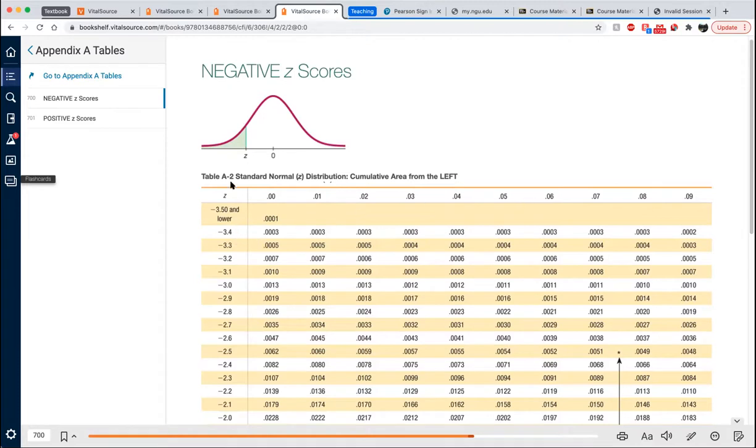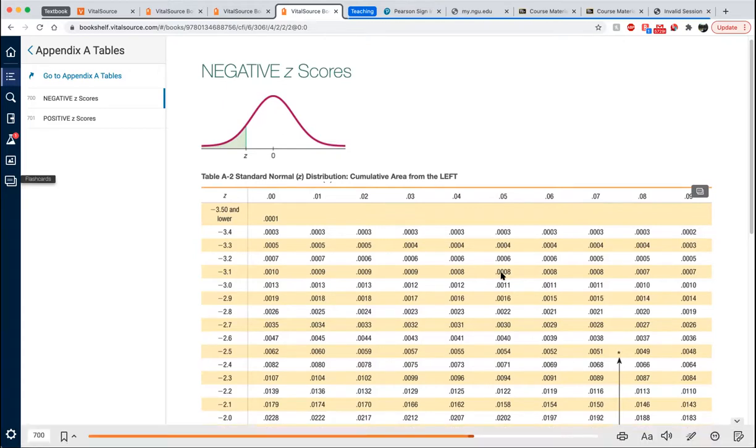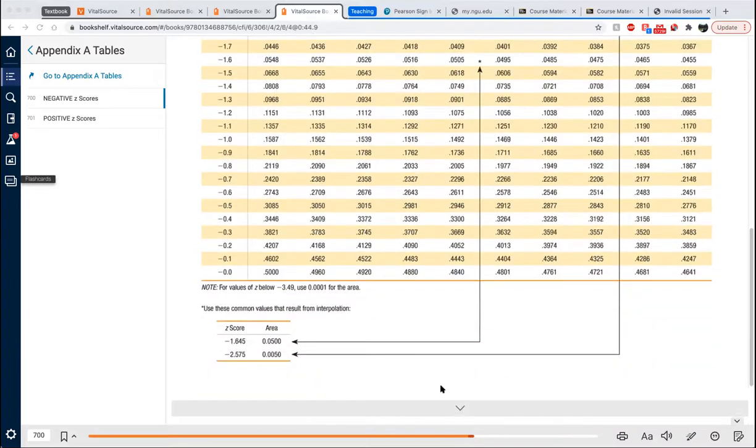For example, to find the shaded area from negative infinity to negative 3.15, we find negative 3.1 right there, and then the column 0.05. That's 0.0008, the area from negative infinity to negative 3.15.